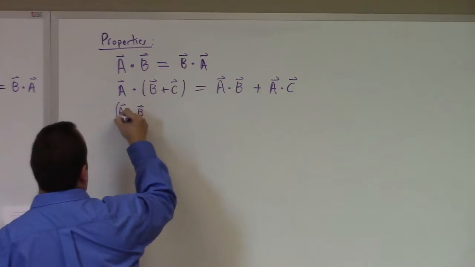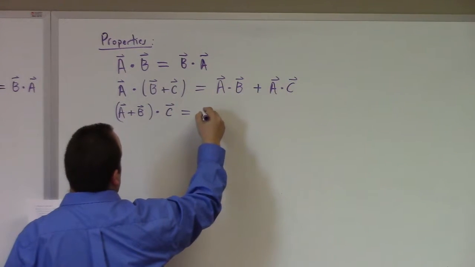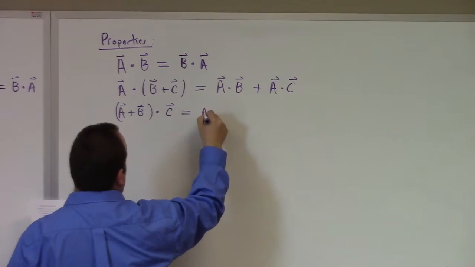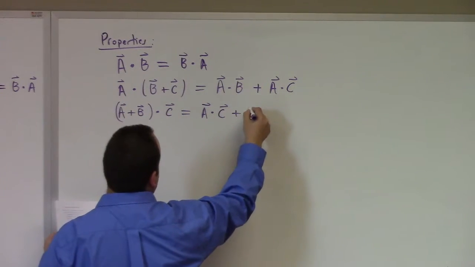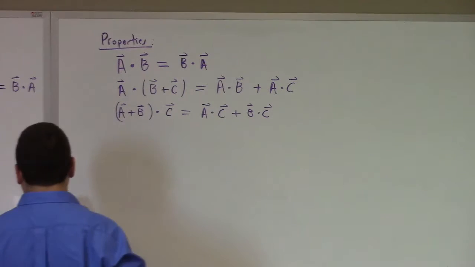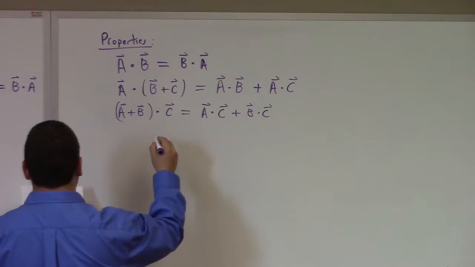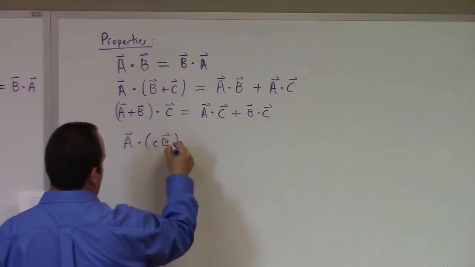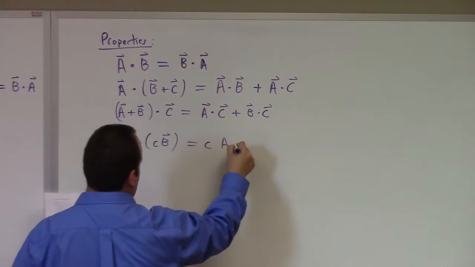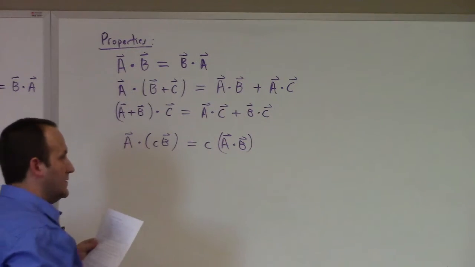Of course, that's not surprising, because if you've got that commutative property, you could get the third thing I'm writing from the second thing I wrote. Scalars factor out. So if I've got scalar multiplication, I can pull the scalar out like that.